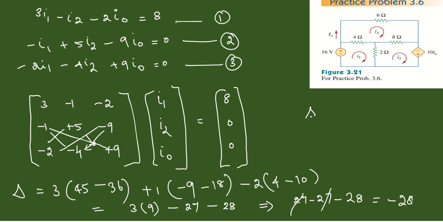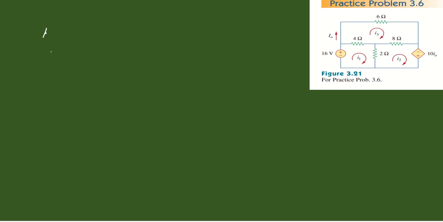So what's the answer we got for this delta? It is minus 28. Now to find out I naught, we have to replace the third column by this value, so we can find this delta I naught. That is equal to 3, minus 1, first column as such, and the second column as such, minus 1, 5, then minus 4.